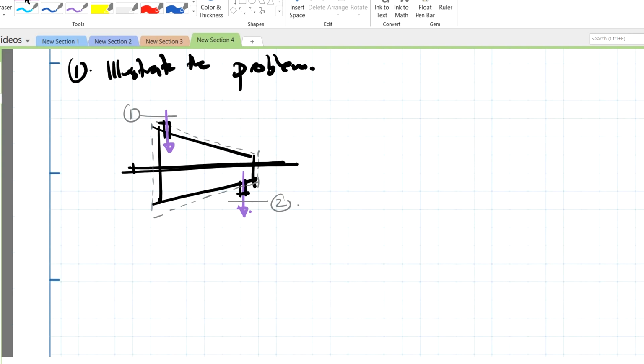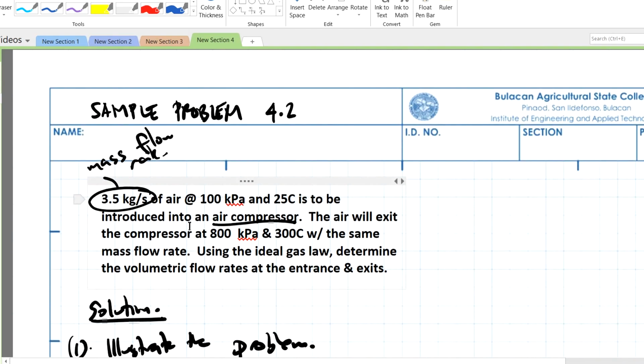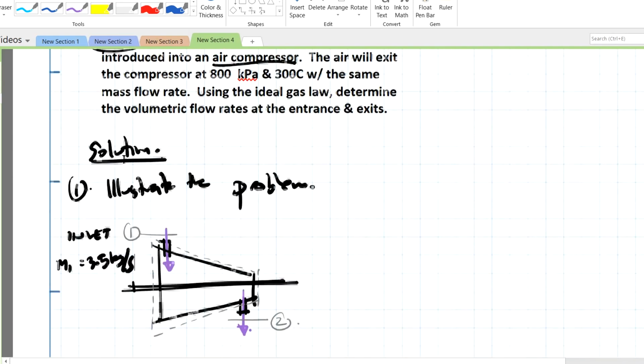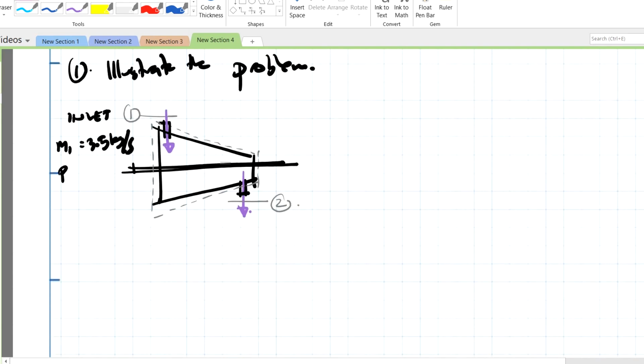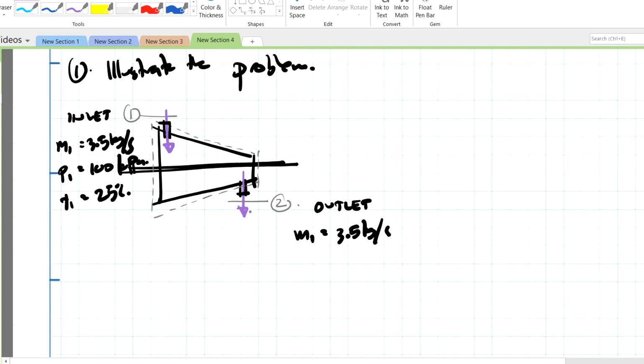So at point 1, that's our inlet, and the given value of mass flow is 3.5 kg per second. And then the pressure is 100 kPa and the temperature is 25 degrees C. In this condition, point 2, it's the outlet, and the mass flow is still the same, 3.5 kilograms per second, but the pressure and temperature are now different.